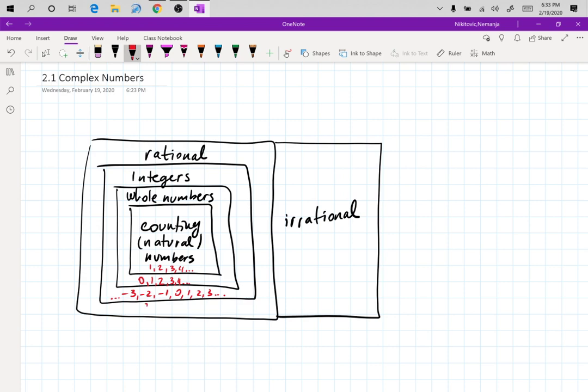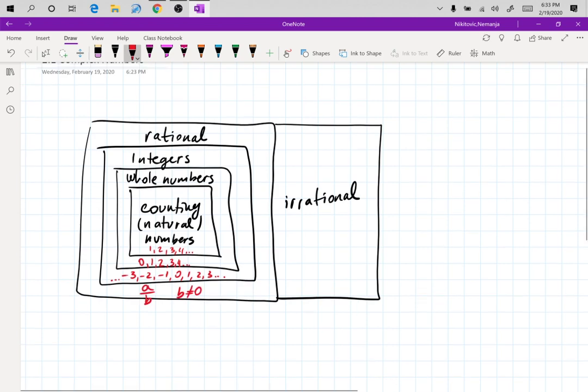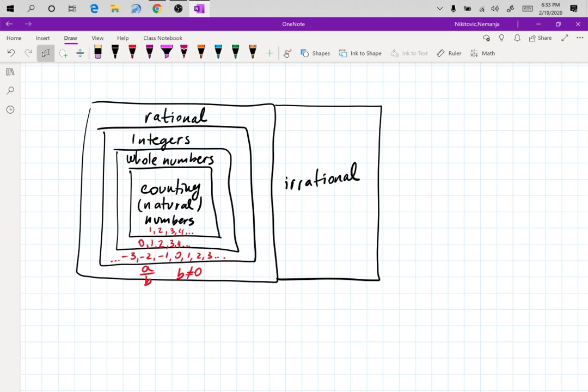That's going to be a over b, where b cannot be 0. You see, number 7 is all of these. 7 is a counting number because eventually you get to student number 7. It's also a whole number, 7. It's an integer, 7. And then you can write it as 7 over 1, which is in a fraction form.